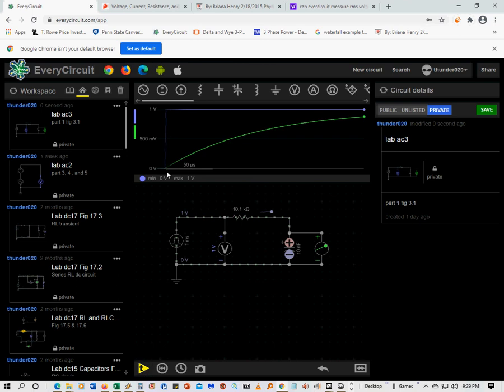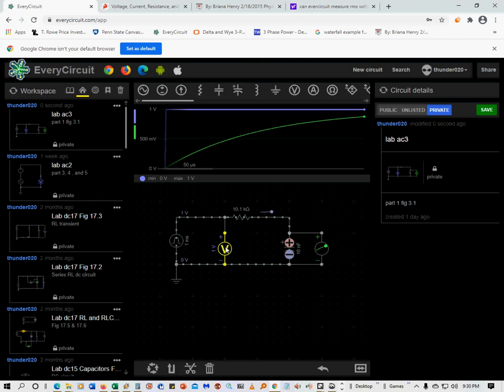It's right there. I overshot it a little bit. Anyways, you can see the scale isn't that great here, right? It's only showing halfway, 500 millivolts, 1 volt. So I don't like that.